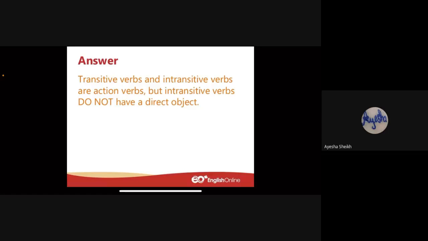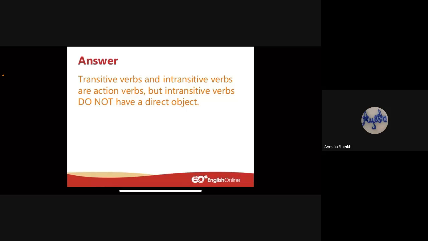So transitive and intransitive both are action verbs. Remember one thing, intransitive verbs do not have an object. I think you have learnt about this before, otherwise you can understand it now. Transitive verbs have an object. Intransitive verbs do not have an object.